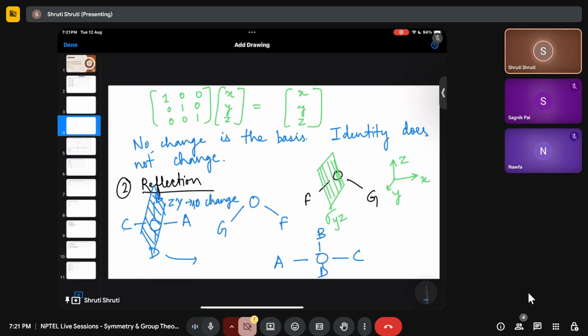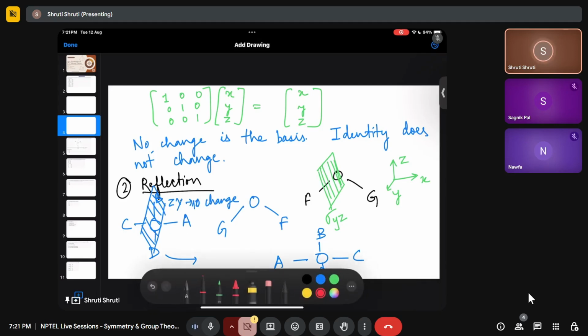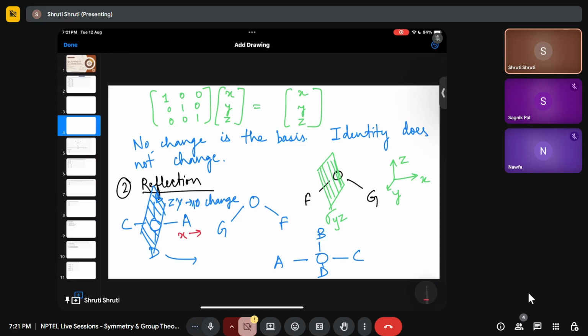But whatever elements were on the x-axis, their x became minus x. Suppose this is your origin, and A was originally 5 units in the positive direction and C was 6 units in the negative direction. Then C came to +6, and for A it became -5.